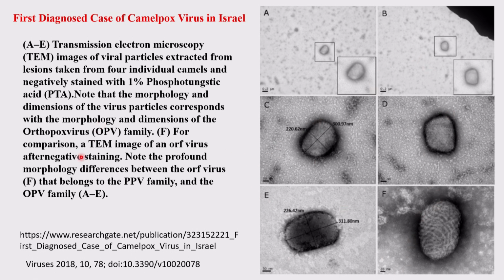So these will have one type, this will have another type. That means you can differentiate the viral particles from one type of virus to another type of virus as well. There is a huge morphology difference between the ORF virus, which is shown here, and the PPV virus, which is shown in this family. So using TEM, you can definitely identify the types of viruses.